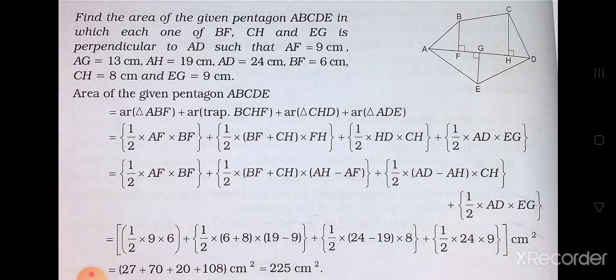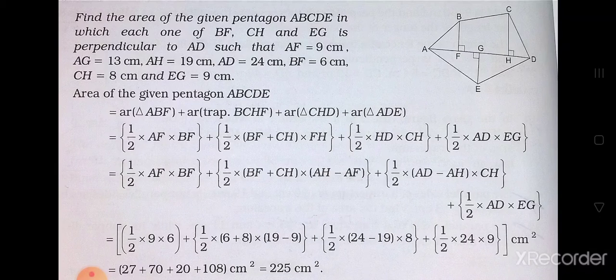So area of triangle ABF equals half into AF into BF plus area of trapezium is equal to half into sum of parallel sides, that is BF plus CH, into FH, plus area of triangle CHD, that is half into HD into CH, plus area of triangle ADE, that is half into AD into EG. Now upon calculating the sides we will get the required area.